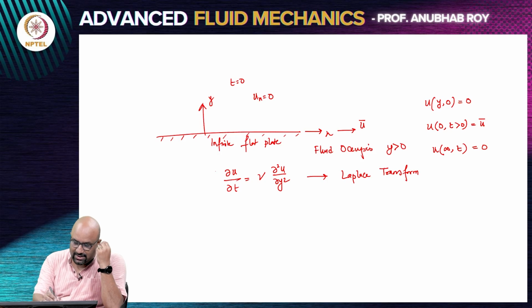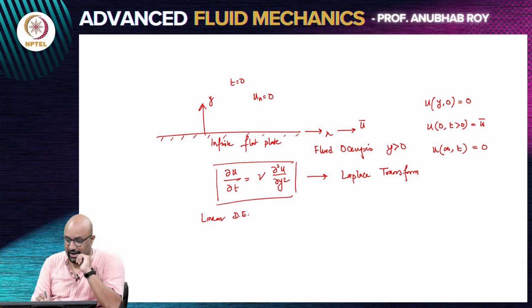So, if you see, this is a linear differential equation. We have a linear differential equation and the boundary conditions are also linear. Now, if you make the bottom plate move with a velocity 2 u bar, instead of it moving with velocity u bar, your fluid velocity u will go to 2 u.